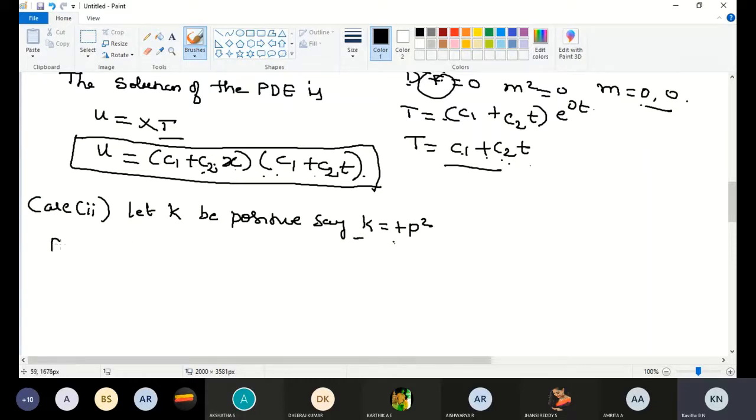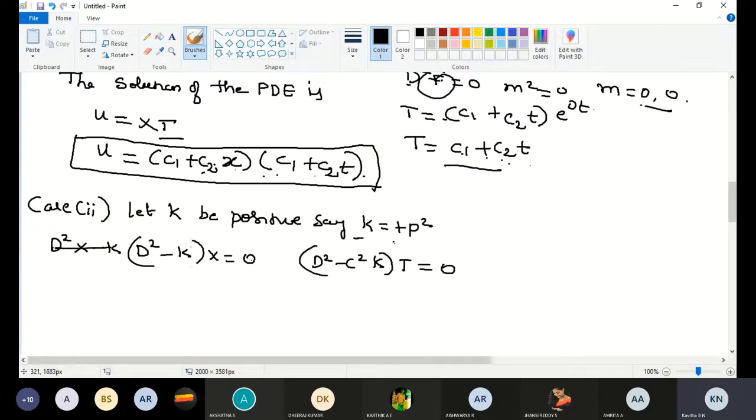What is the equation here? D square x minus k x is equal to 0. And one more equation here, D square minus c square k t is equal to 0.